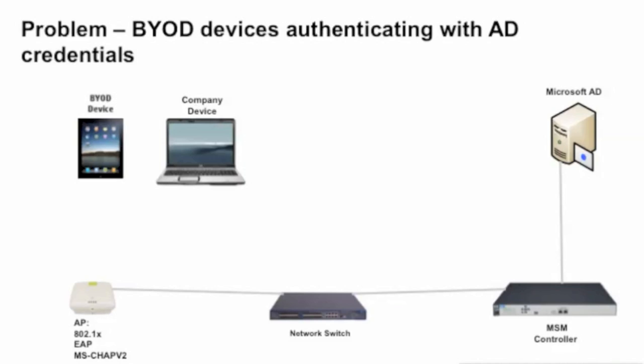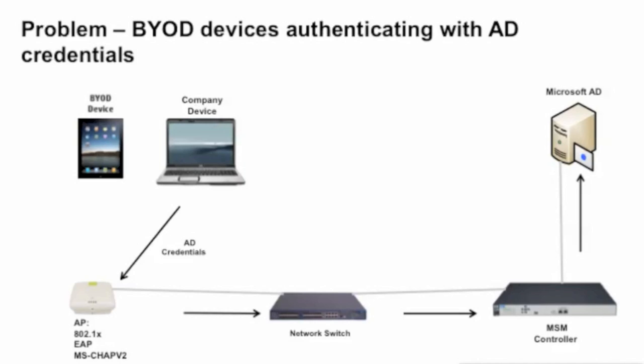Here we've got an overview of how a lot of people authenticate people to their wireless networks. We've got a company device that connects up to an access point that's running 802.1x, and you're using EAP and MSCHAP as a mechanism to authenticate people, based on Microsoft AD credentials.